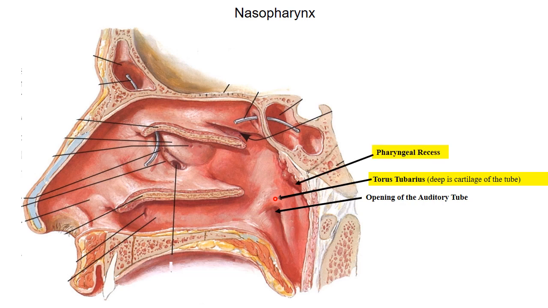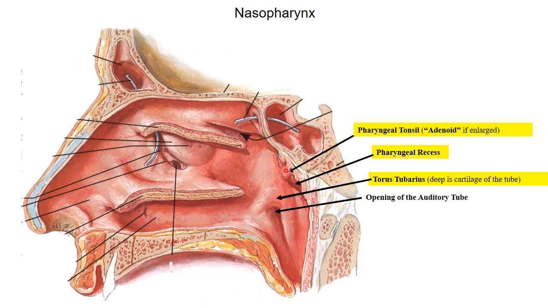And then right behind the torus tubarius, right back here, there's a space called the pharyngeal recess. Just a little tiny space, right in here. And in the back side of the pharyngeal recess is something called the pharyngeal tonsil, which is lymphoid tissue. There are a number of little sentinel lymphoid tissue structures throughout the head, and this is one of them.